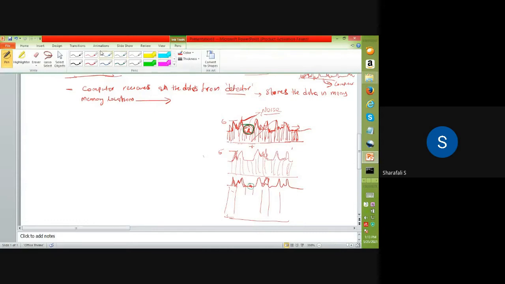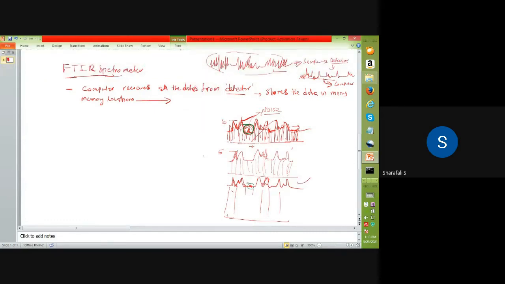So its intensity is now very small as compared to the signal intensity. So this is just like a flat. And we'll be having the noise at this point.